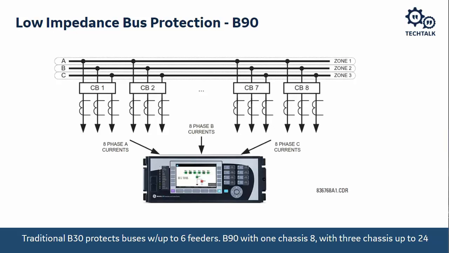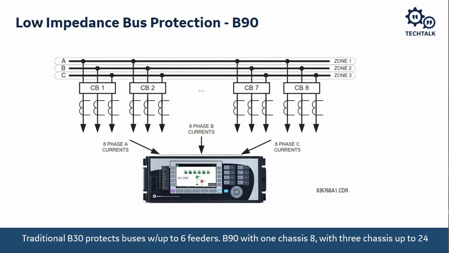So if I have 8 places to wire currents per module on the relay, and I can put 3 modules on the relay, that can give me the ability to protect a bus with up to 8 breakers connected to it with a single B90. Now, since it's phase segregated, I could protect an even bigger bus if I had an A phase relay, a B phase relay, and a C phase relay.